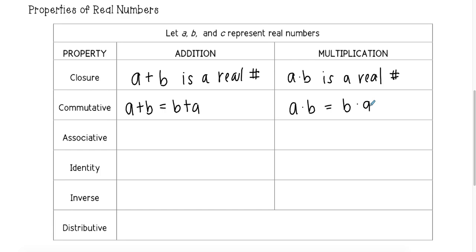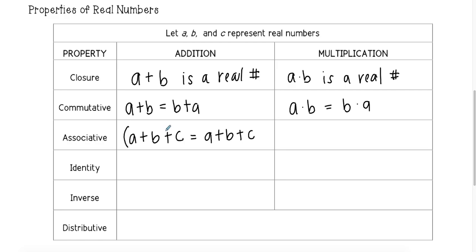Associative, I remember who my associates are, or like my group of friends. So grouping changes. The order remains the same, just the grouping changes. So I'll show you. This would be like A plus B plus C equals A plus B plus C. So associative is your grouping.